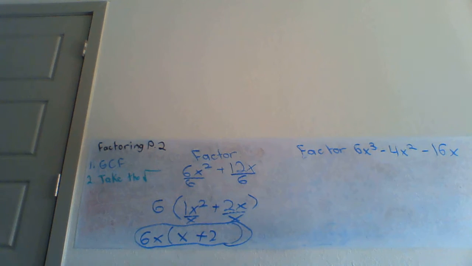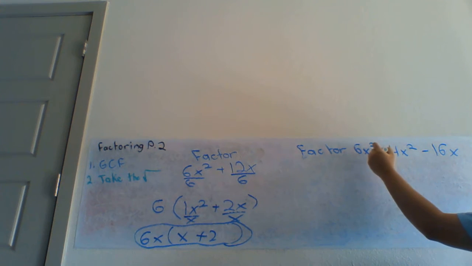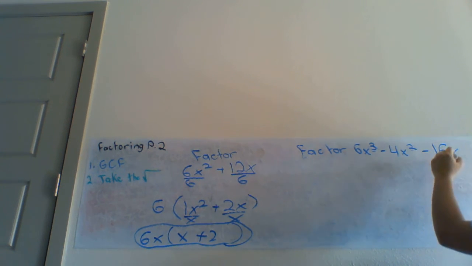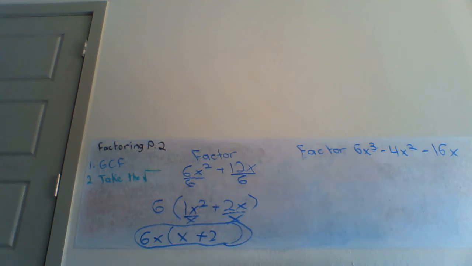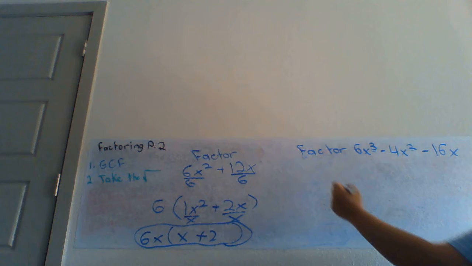Alright, so my first approach, can I use the asterisk method, right? And the problem here, this is a cubed, this is a squared, and this is an x. I only want to work with x squared, right? Since I don't have x squared, I can't use the asterisk method.